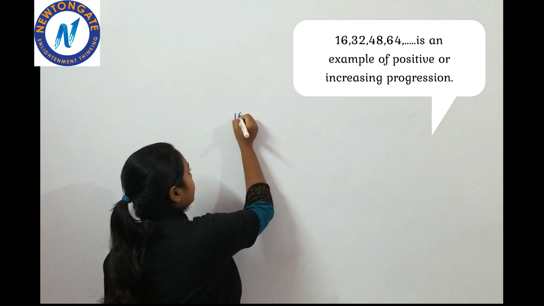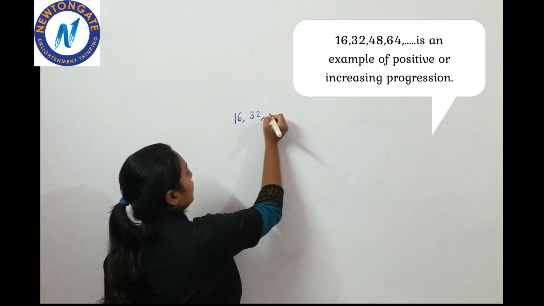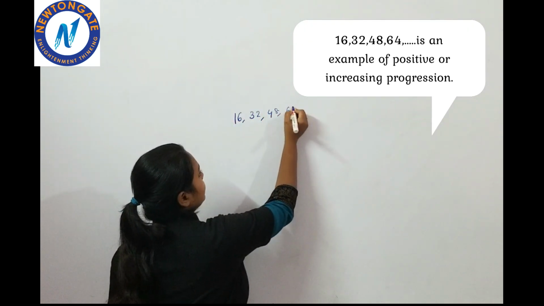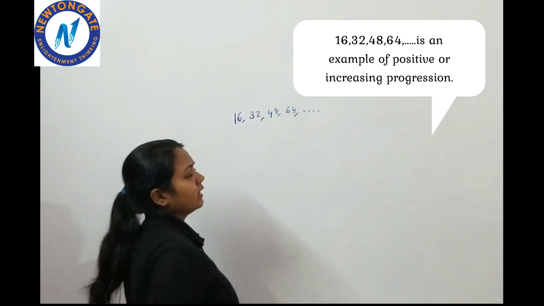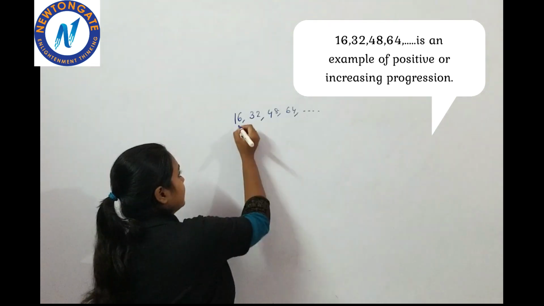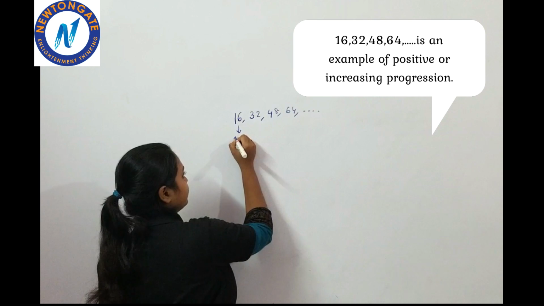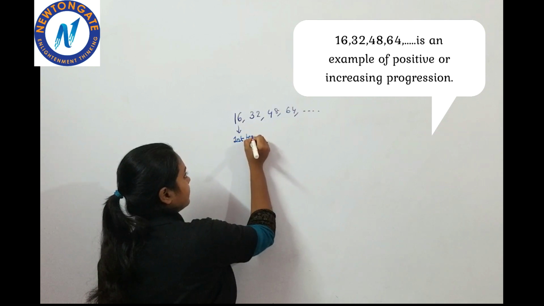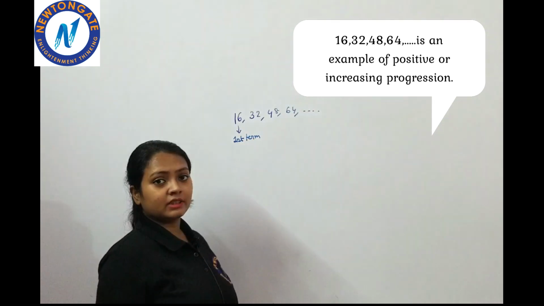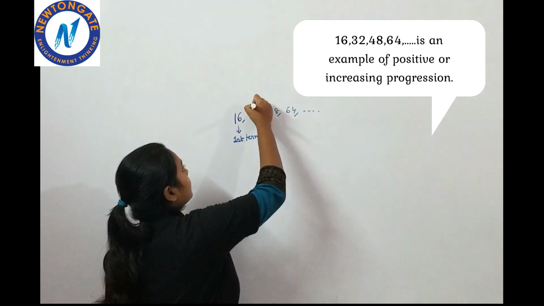If the common difference of a progression is positive, then the progression is known as positive progression. Let's take an example. 16, 32, 48, 64 and so on. In this case, the first term is 16 and 32 is the second term.